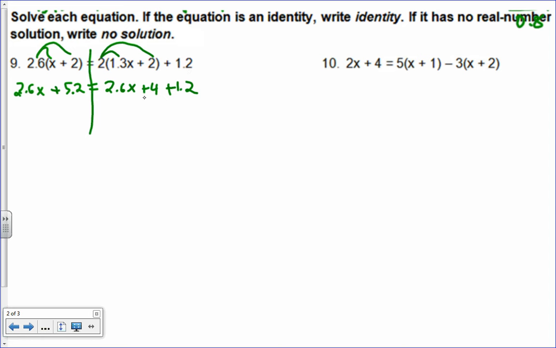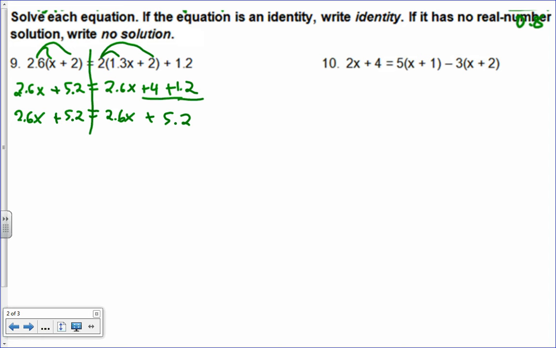So any like terms we can combine right away. So that's going to be 4 and 1.2. Otherwise, there's no like terms because on the left side it's just an x term and a non-x term. So we have 2.6x still over here plus 5.2 equals 2.6x plus 4 plus 1.2 is 5.2.